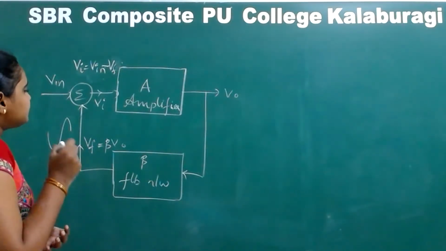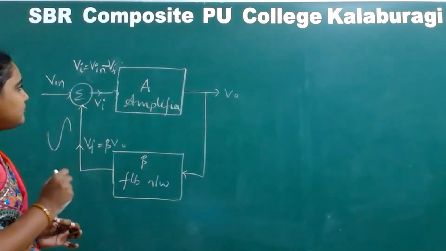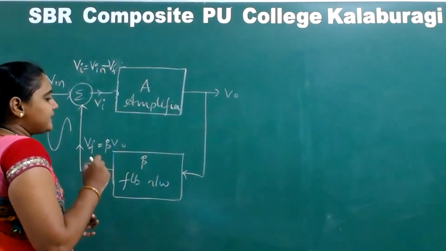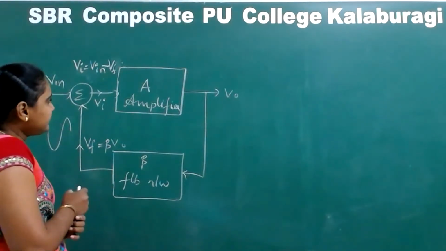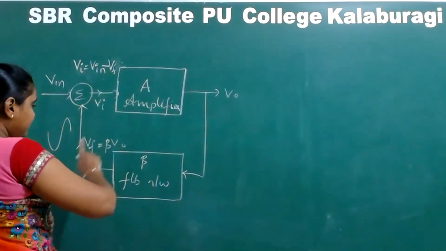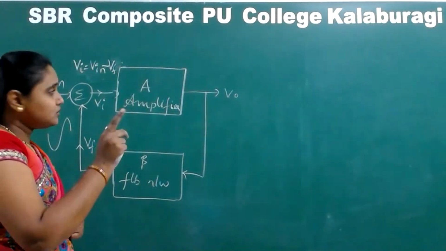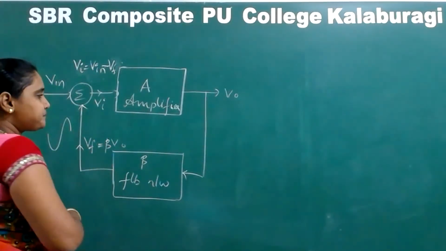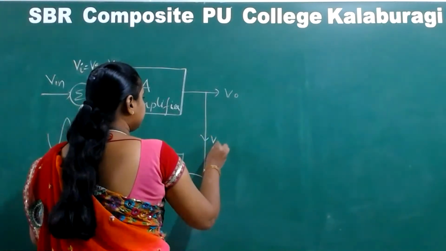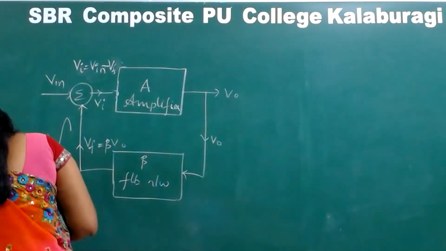So now this is the block diagram of a negative feedback amplifier, an amplifier with negative feedback, because here we are specifying that it is VI equals VA minus VF. Now, is the signal plus or minus VF? No, it is minus VF. That's right. This is the block diagram of negative feedback in amplifier.